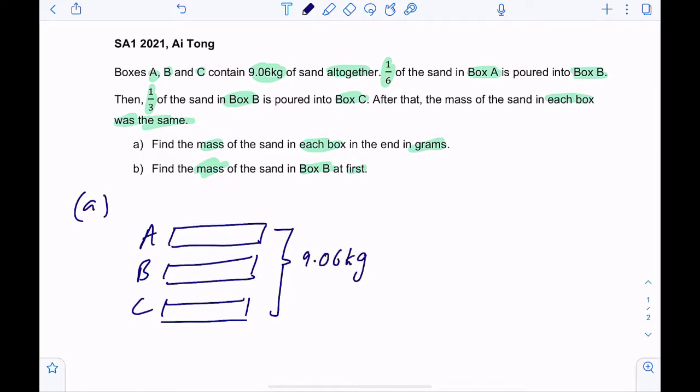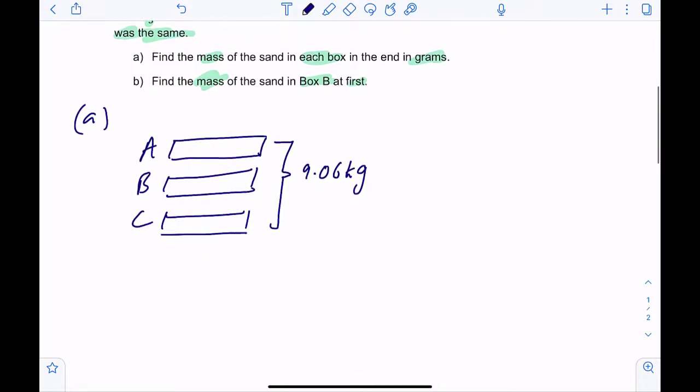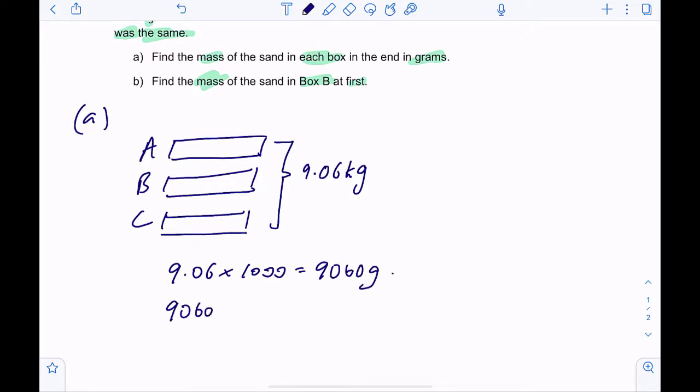They want it in grams, so we convert 9.06 kg into grams first. 9060 grams, and we divide this value by 3 to find the mass in each box, and that will give us 3020 grams. This is the answer for part A.